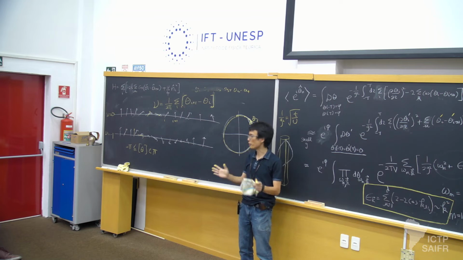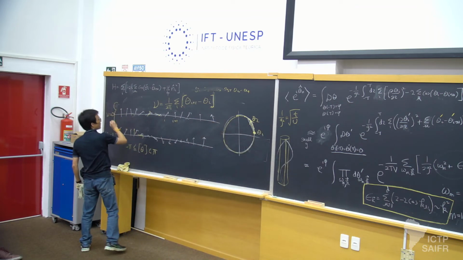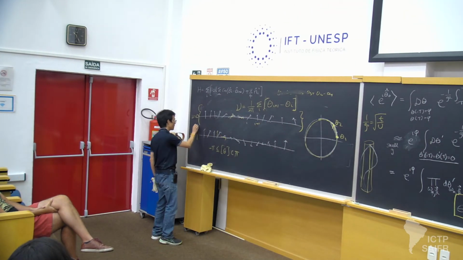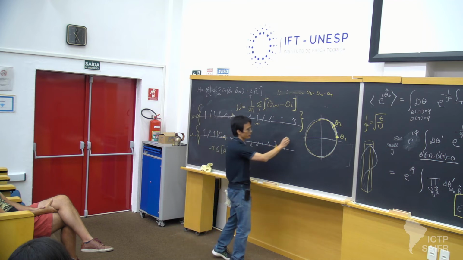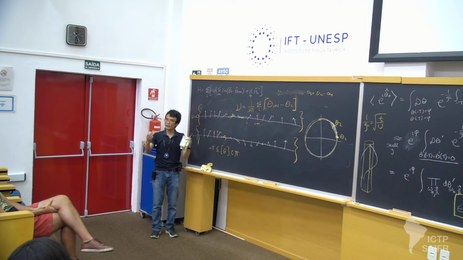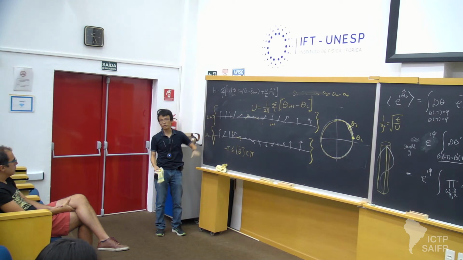You have a collection of states like this with winding number 1, and there's a collection of states with winding number -1, and any integer. So any state belongs to one of these classes, okay? And we say these states differ from each other topologically.